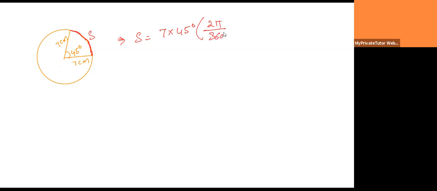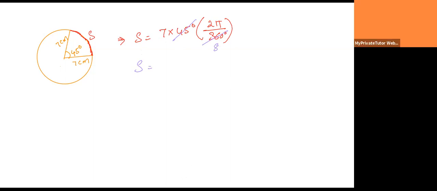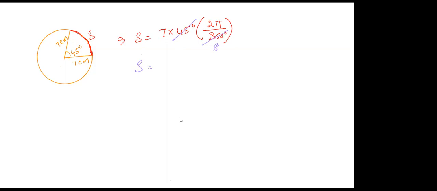Perfect. I think you got the concept very quickly. That's good to see. So then what you do? You multiply rather. This 45 goes into 360 how many times? 8 times. You agree? Okay.